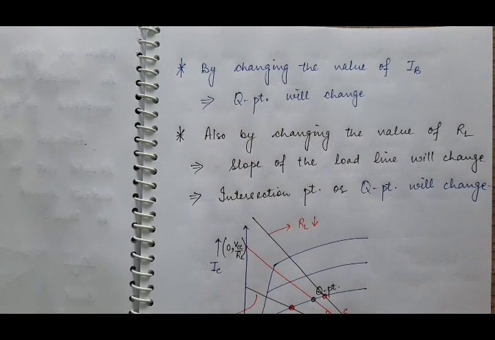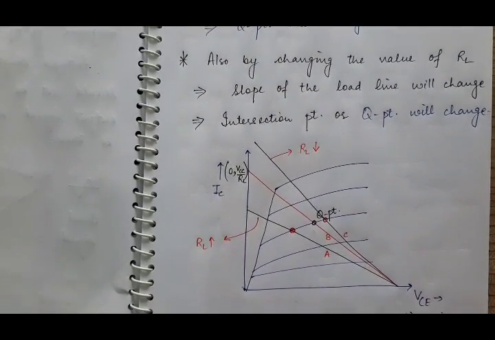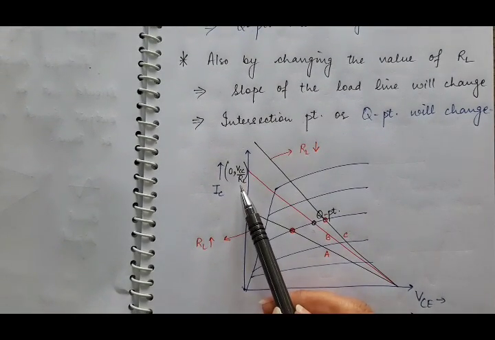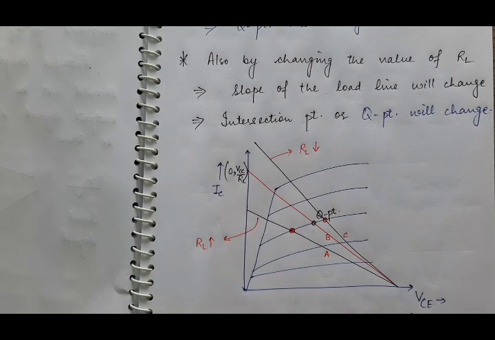And one more thing, what is that? Collector current, the value of collector current, it also depends upon this RL. And what is this RL?